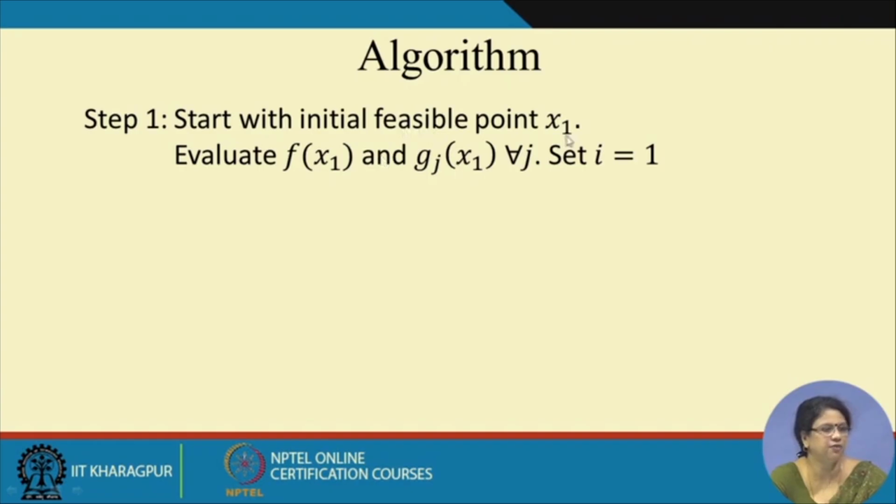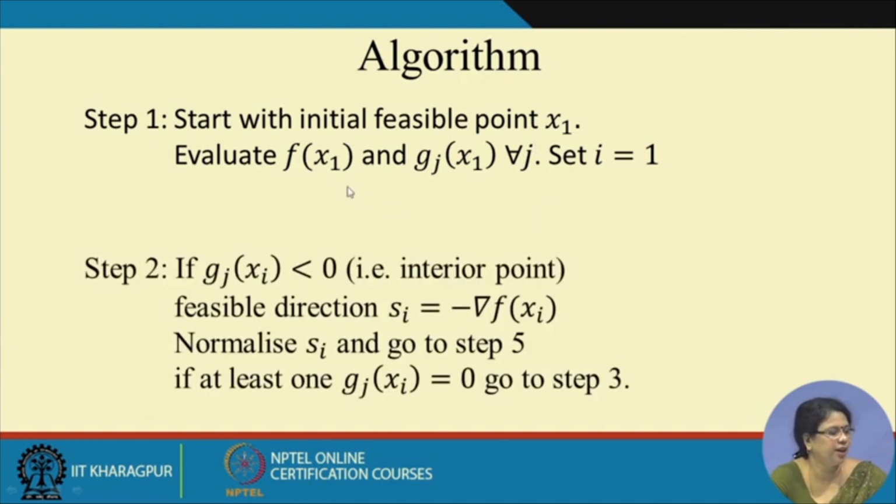Take the initial feasible point x1, of your own choice. If your choice is good enough, then your number of iterations will be less. Now find f and g at that point, then if g i is less than 0, it must be an interior point. Now find the feasible direction as grad f at that point, so that S grad g must be less than 0, that is the feasible direction, and g j you have to consider.